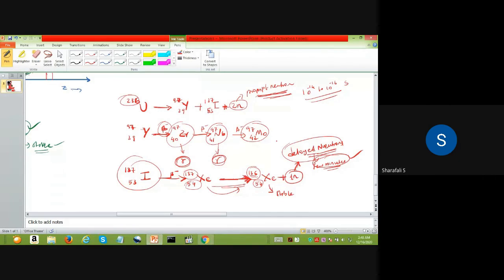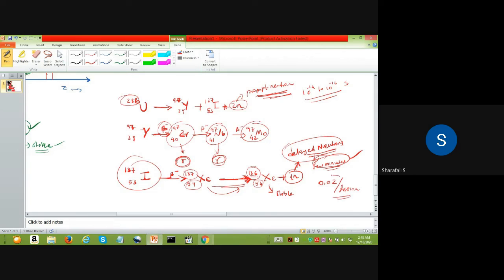Okay, so if you consider the fraction of this particular process, then we can say that it is around 0.02 per fission.